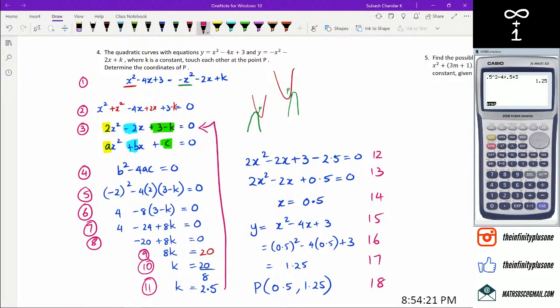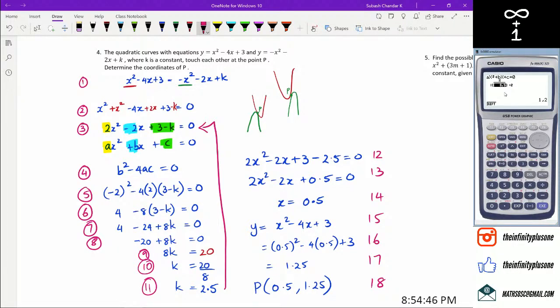Eileen, that's what I did in the graphics calculator. All I did was go from line 13 to line 14. I just clicked on menu, went to equation, clicked on polynomial, which is F2. Degree is x squared, so it's degree 2, and then put those values. A value is 2, B is negative 2, and C is 0.5.